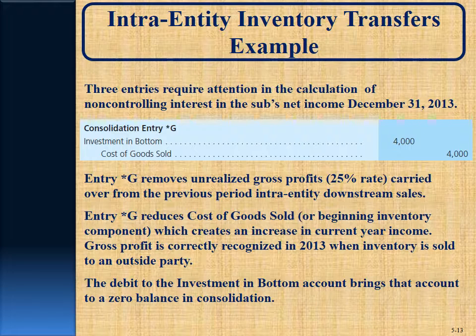We'll increase it and then decrease cost of goods sold in elimination. So we're going to show that $4,000 profit in consolidation this year that was not allowed last year. It was reported on the parent's books last year, but we need to get it recorded this year in consolidation.